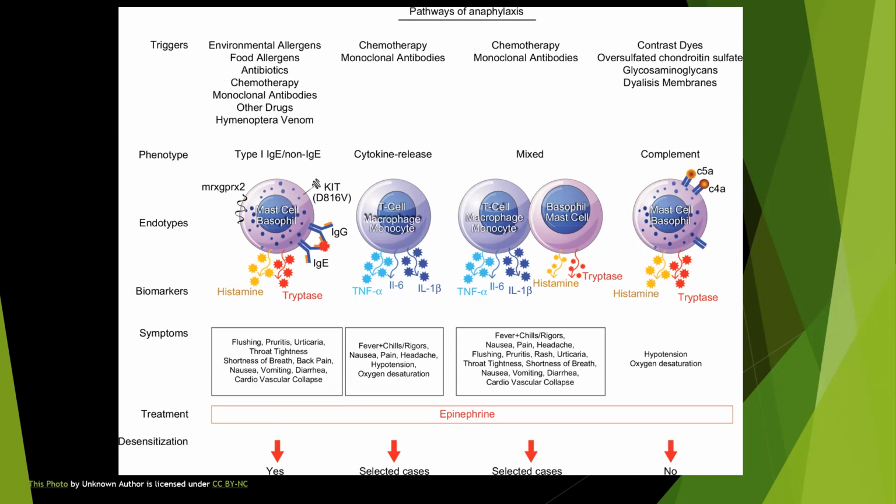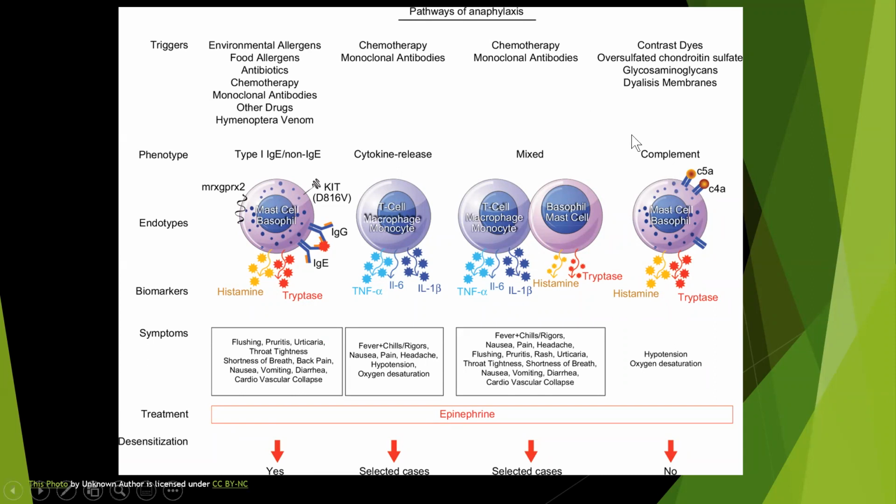this one, the pathway of anaphylaxis. Anaphylaxis is a severe version of allergy, produced by different triggers. You can see here environmental allergies, and anaphylaxis is the most severe type of allergic reaction that can kill people, and therefore needs to be considered a medical emergency.